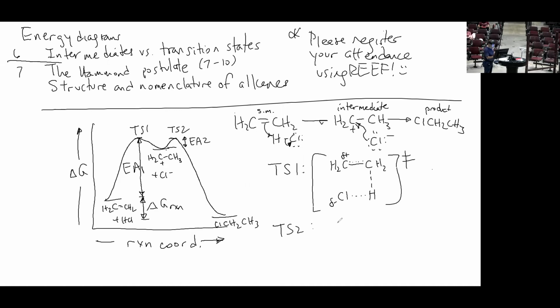I would guess that this would still look mostly like a carbocation, that we would have certainly now only a single bond here. Now this carbon-hydrogen bond is fully formed. There would be, I would guess, a lot of plus charge left on that carbon. And maybe my chloride ion has just barely started to make friends with that carbon.